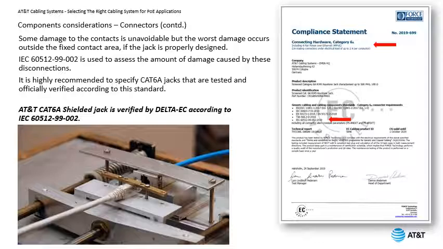You can see on the right hand picture the compliance for AT&T cabling systems Cat6A shielded jacks that are verified by Delta and tested according to IEC 60512-99-002.